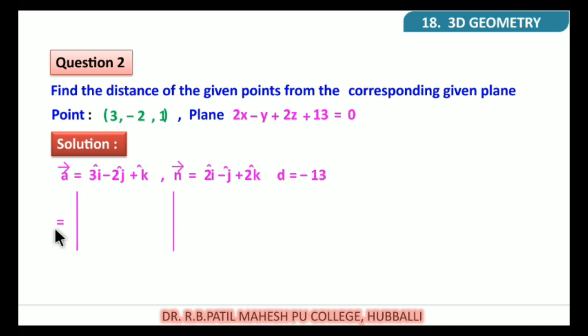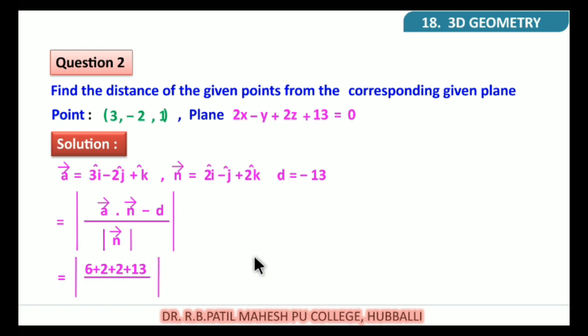Now find the perpendicular distance, which is the whole modulus of vector A dot n vector minus d, divided by the magnitude of n vector. So this is equal to: 3 into 2 is 6, plus minus 2 into minus 1 is plus 2, and 1 into 2 is 2, and minus of minus 13 will be 13.